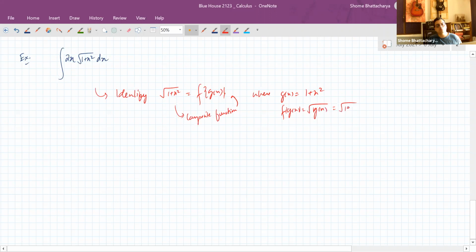So therefore square root of 1 plus x square. So f is the square root function. Now the other thing you also identify along with this is that 2x is the derivative of 1 plus x square. That means this is gx, then g prime x is equal to 2x. Okay. So therefore the integration is of this type.